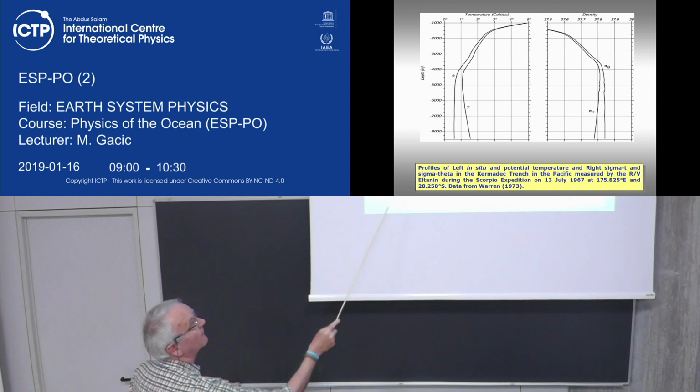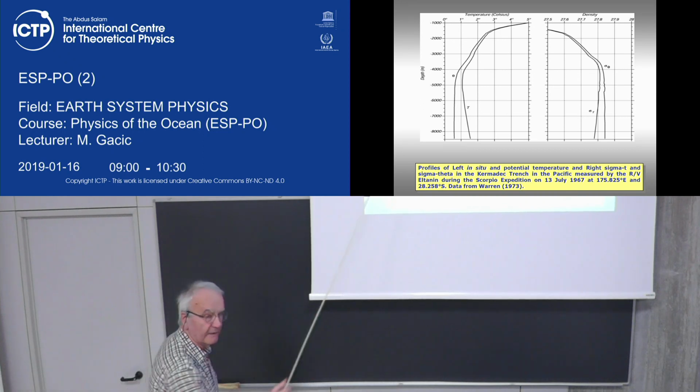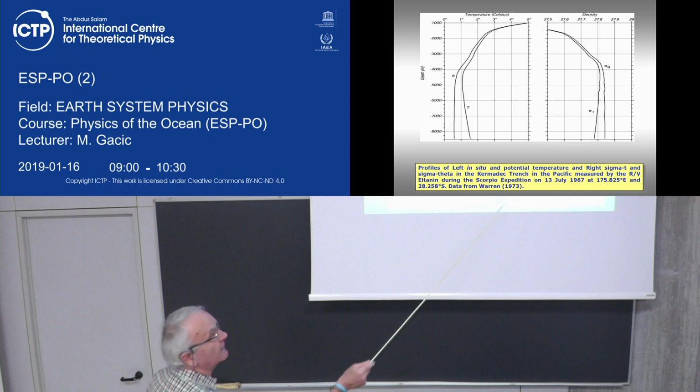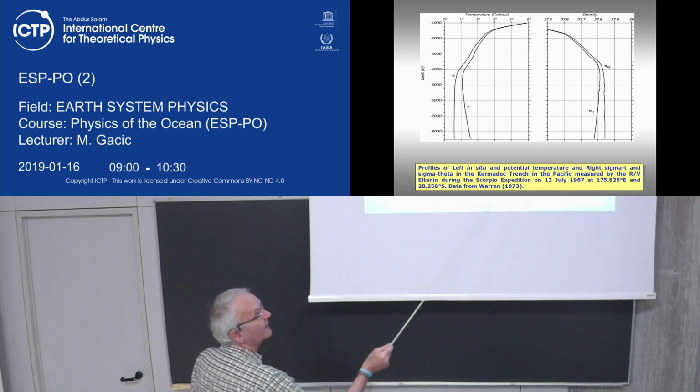And you see now, if you use the potential temperature, there is no more vertical instability of the water column. And this is one thing. This is what you can see from the density. This is sigma t.